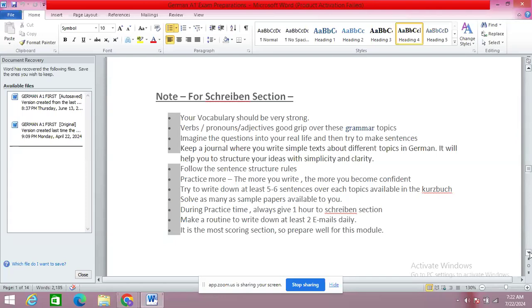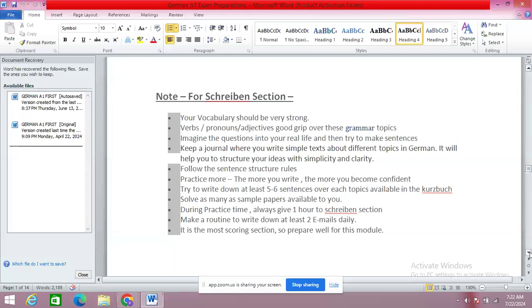Means if an email is written to you, imagine that situation in your real life and only then try to write the email, noting down your personal experience related to that question. Also keep a journal with you and write down simple texts about different topics in German. It will help you to structure your ideas with simplicity and clarity.